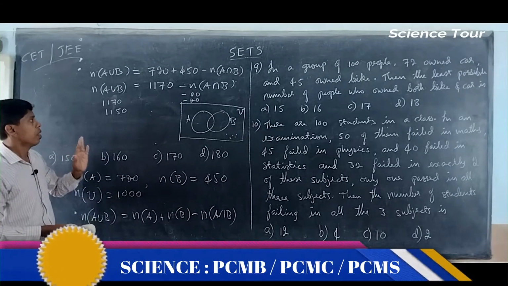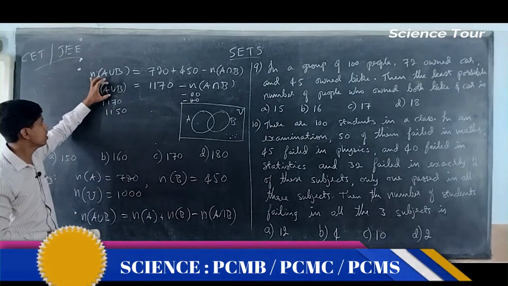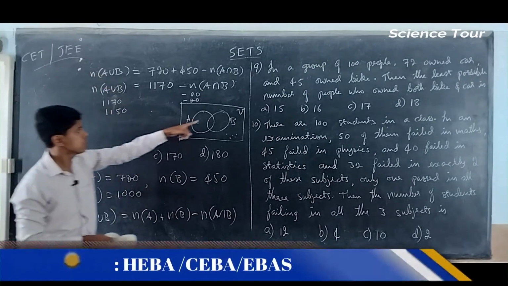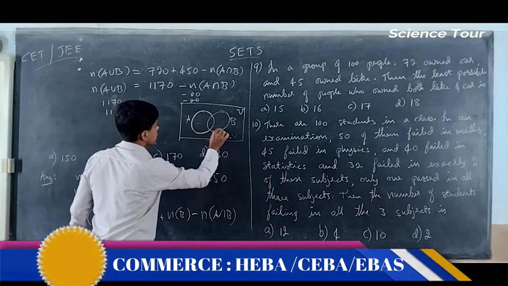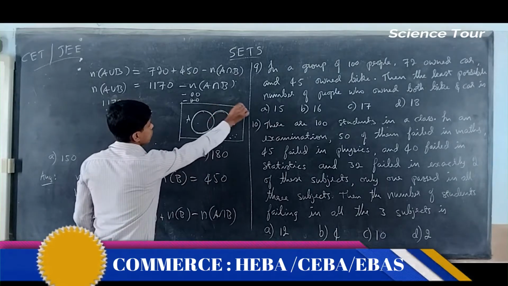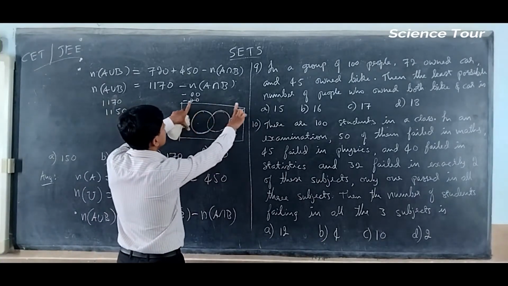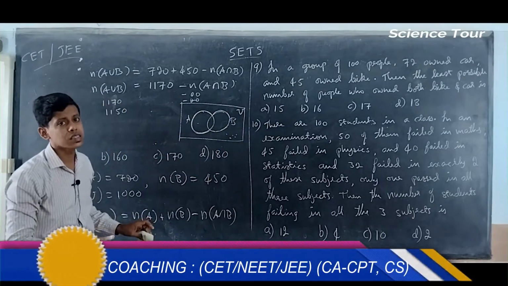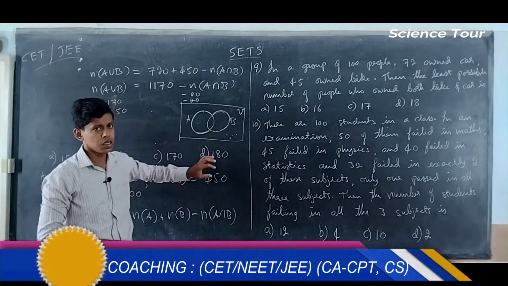Well, now what is the possible highest value of n of A union B? See, these circles, this total region is A union B, and that is always inside the rectangle. The maximum it can expand and become the rectangle. That's the highest possible. That means there are no people outside the circles.